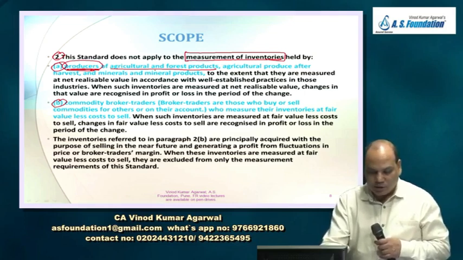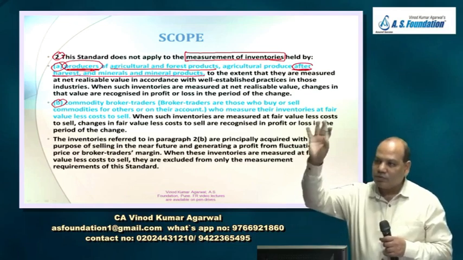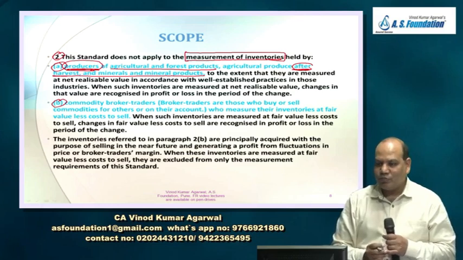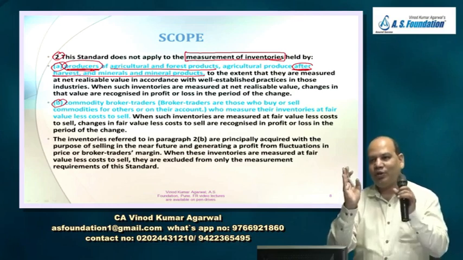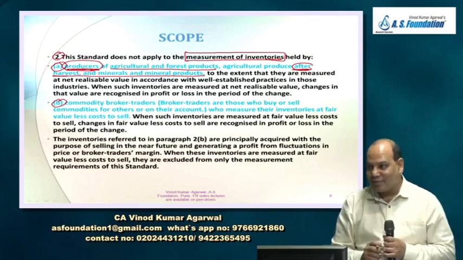Producers of agricultural and forest products, agricultural produce after harvest, and mineral products. Why is it written after harvest? Up to harvest, IAS 41 will be applicable. So long as the fruit is on the tree, IAS 41 is applicable.